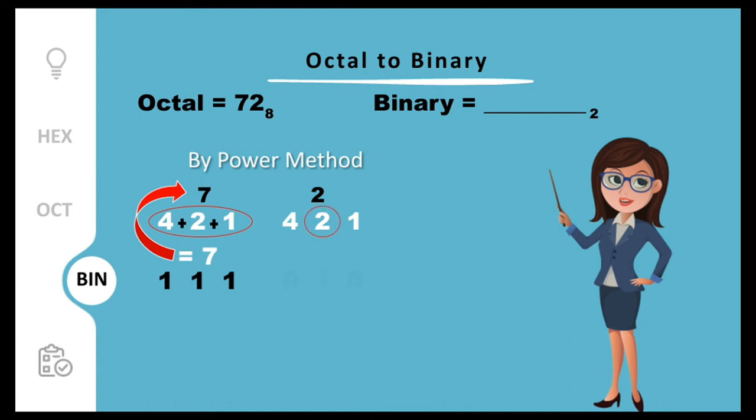In binary number, we're going to write it as 0, 1, 0. Why 0, 1, 0? Because we didn't use 1 and 4, so it is equivalent to 0, and the only number that we use is 2, so that is equivalent to 1. So the binary number of octal number 72 is 111, 010.